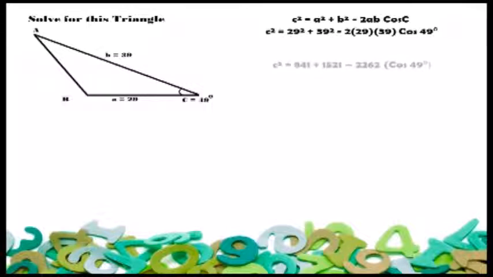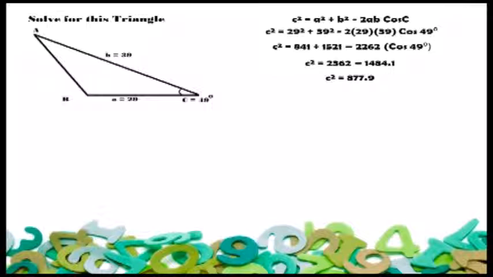Simplify the answer. So we get c squared is equal to 877.9. Square root both sides because we're looking for side c. And our side c is equal to 29.63.